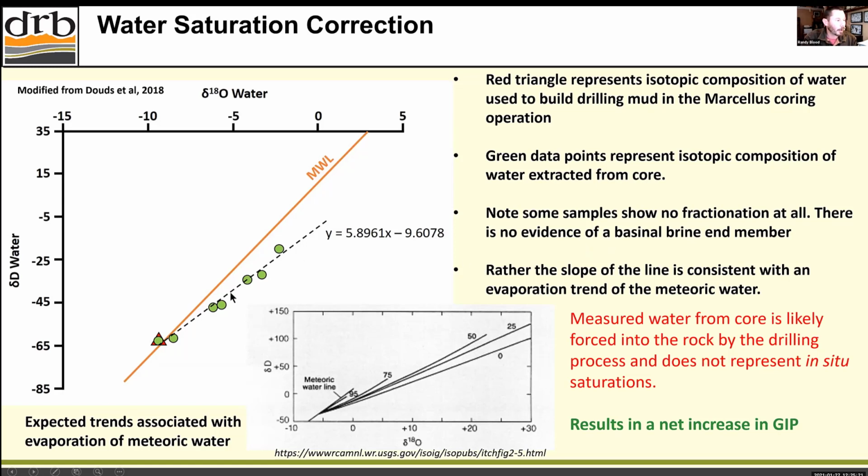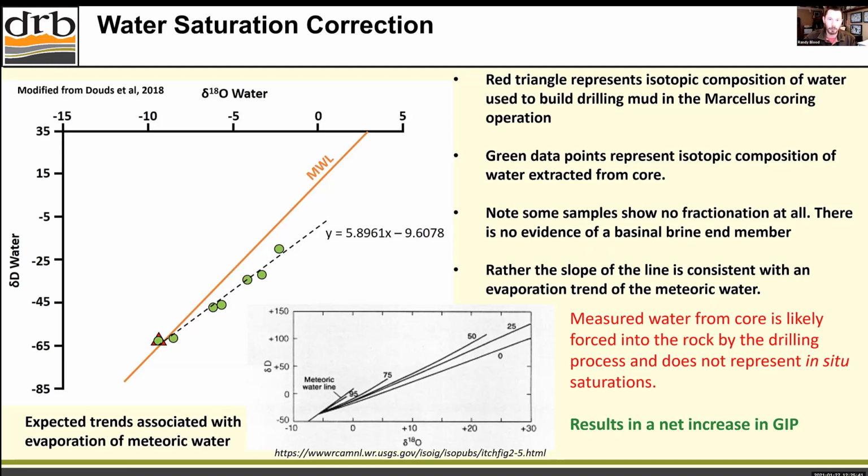So what we argue based on this data set is that the water that we're extracting from the core is water that we have forced into the rock through the drilling and coring processes. So when we extract that water and we assume it's in the pore space, that's an error.